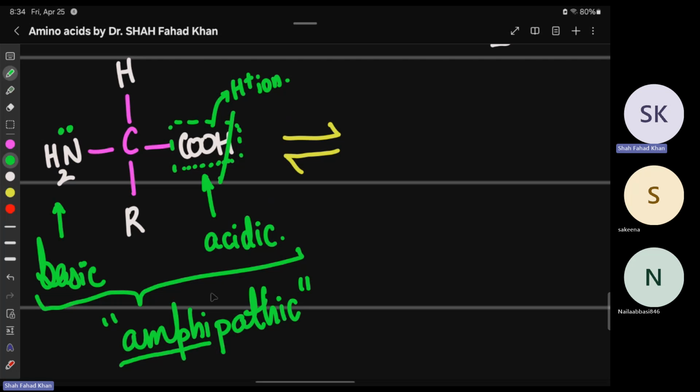So basically a compound that contains acidic as well as basic characteristics. Now the carboxylic acid part is going to donate the proton, whereas the amino part is going to accept a proton. It's going to give out its lone pair of electrons and accept a proton, because bases have the property of accepting protons.